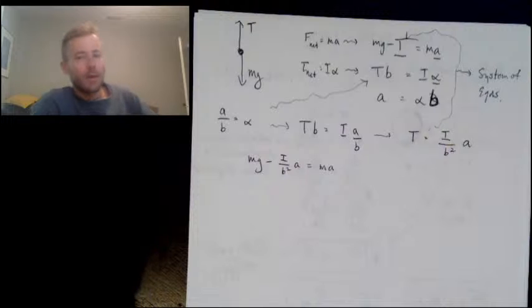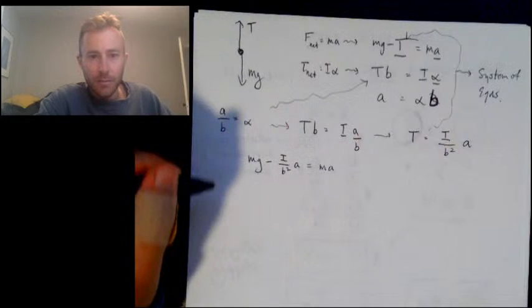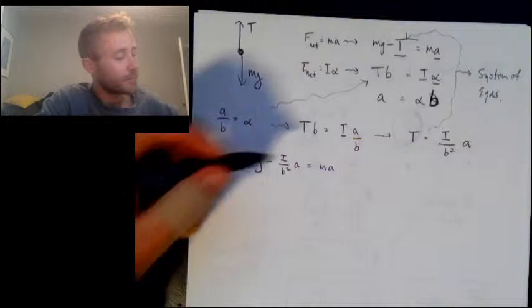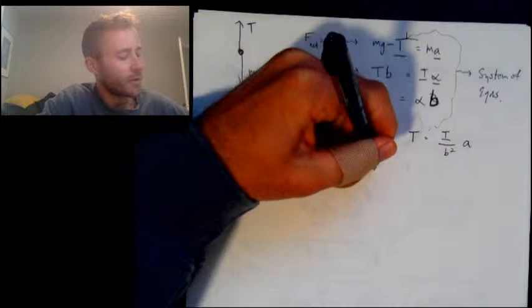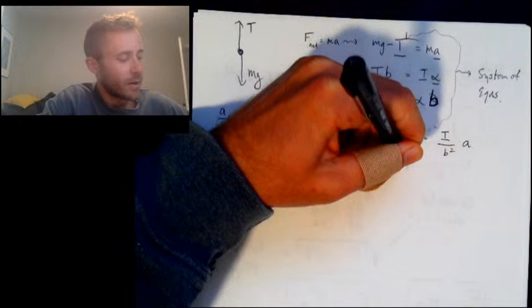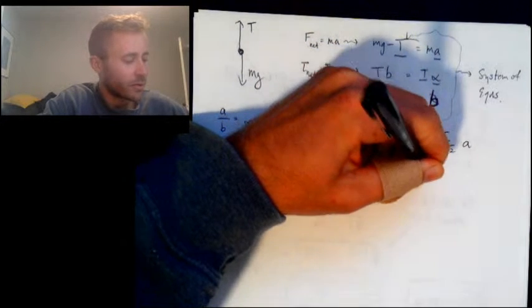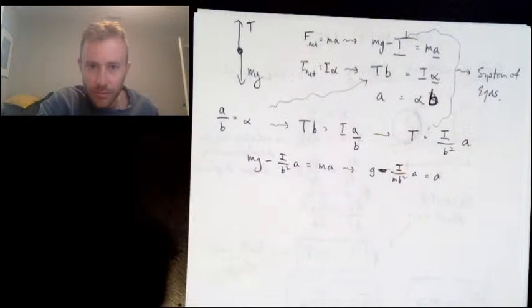Might as well divide both sides by m and get g minus I over mb squared times linear acceleration equals linear acceleration.